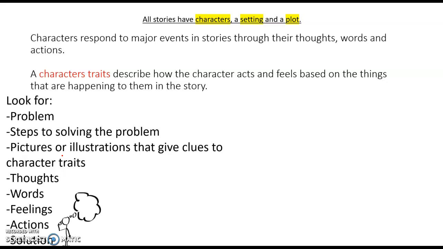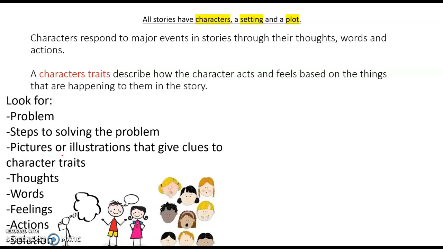We'll look at their thoughts, what they're thinking, their words, what they're saying, their feelings, how they feel about certain events, and their actions, how they're acting to respond to the problem. And then, of course, in the end, we want to look for the solution. How did they end up solving the problem?